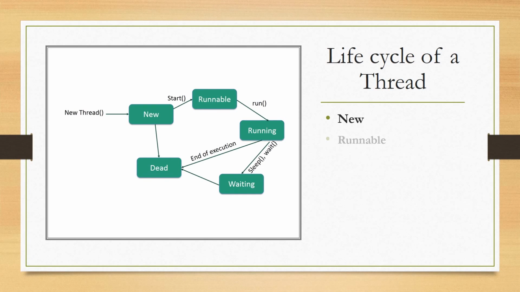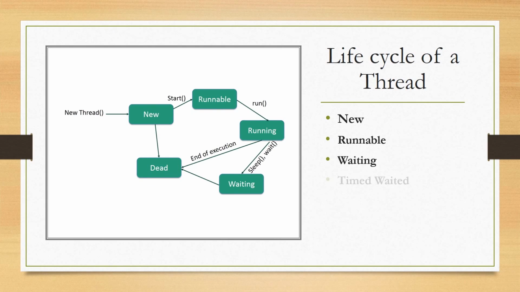Then we have runnable. After a newborn thread is started, the thread becomes runnable. A thread in this state is considered to be executing its task. Then we have waiting. Sometimes a thread transitions to the waiting state while it waits for another thread to perform a task. A thread transitions back to the runnable state only when another thread signals the waiting thread to continue executing.